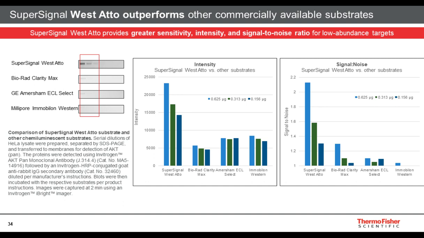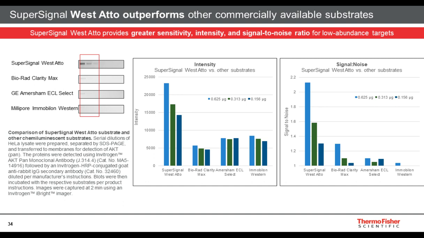In this data comparison, we can see how SuperSignal West Atto compares to other substrates that are marketed for high sensitivity Western blots. In the blots and graphs shown, HeLa lysates were serial diluted and loaded at the indicated volumes. All blots were transferred and probed for AKT and captured on the iBright imager at the same exposure times.